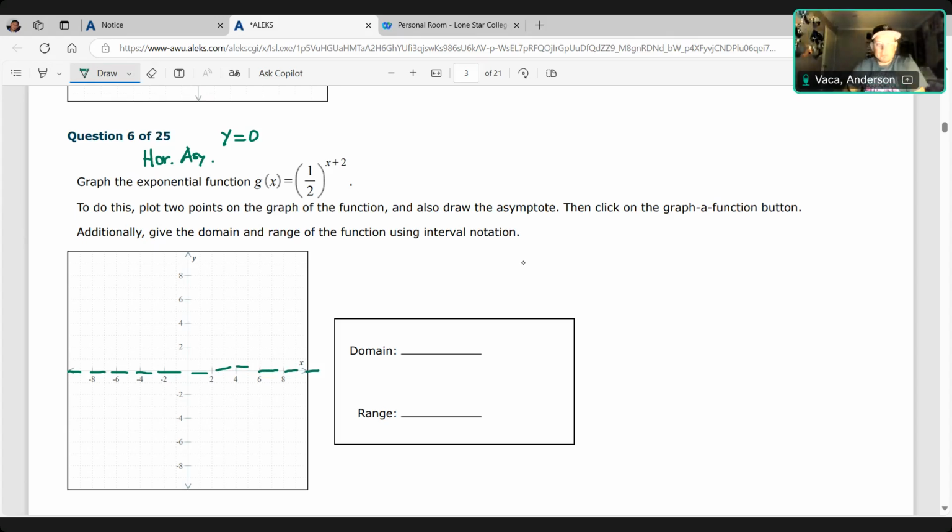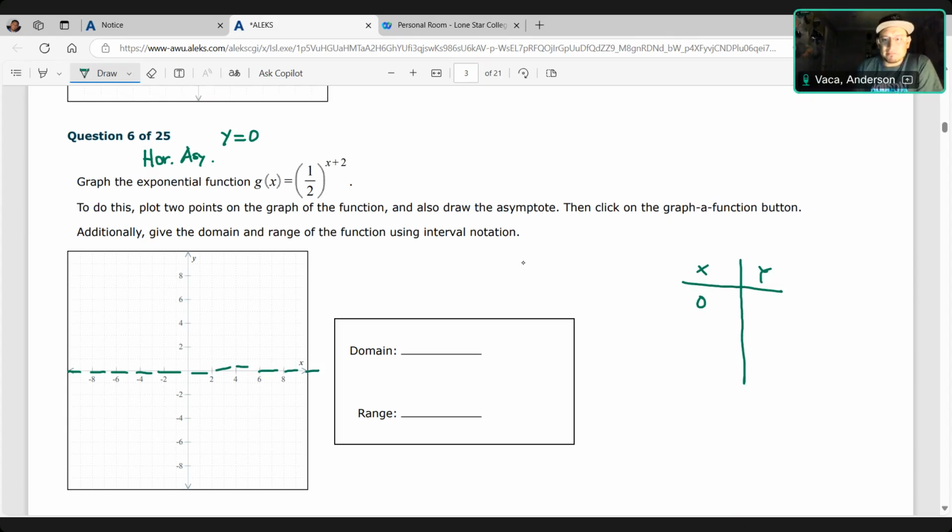Because the base, well, here's what I'll do. Let's just choose two values, x equals 0.